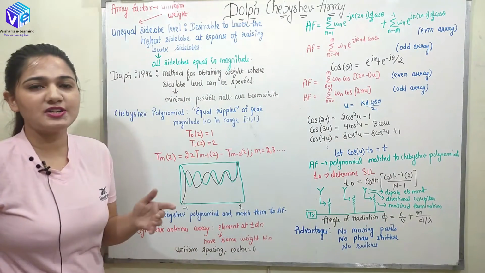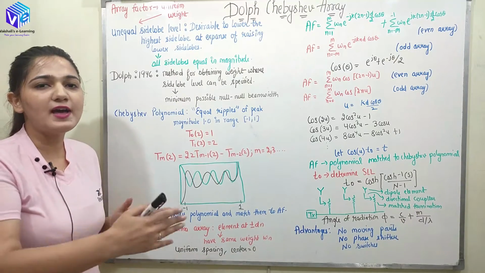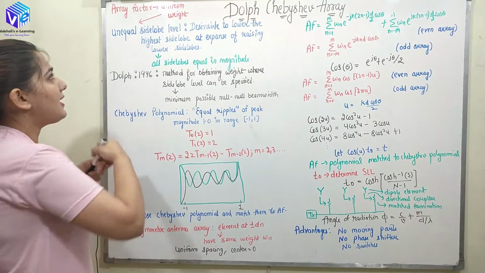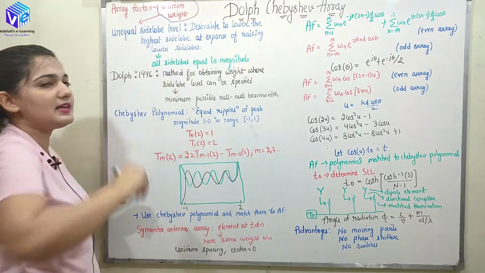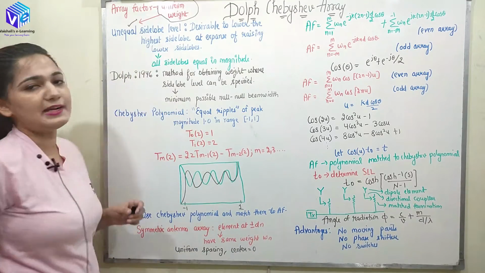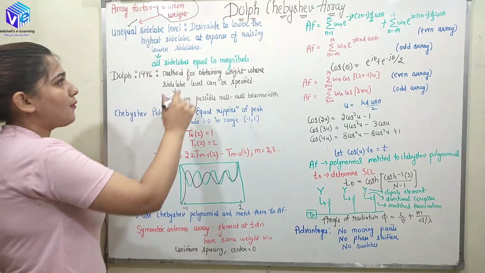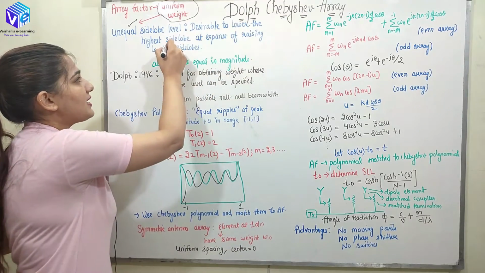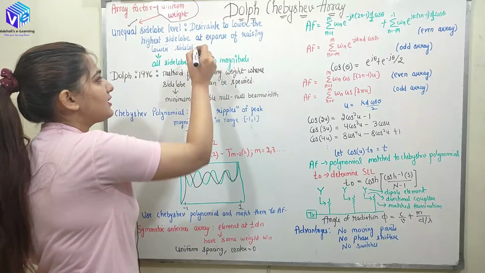The Dolf-Chebyshev array will have uniform spacing of the elements. When I have uniform weight and uniform spacing of the elements, sometimes I will have an unequal side lobe level, which is undesirable. What I want is to lower the highest side lobe and increase the lower side lobe.